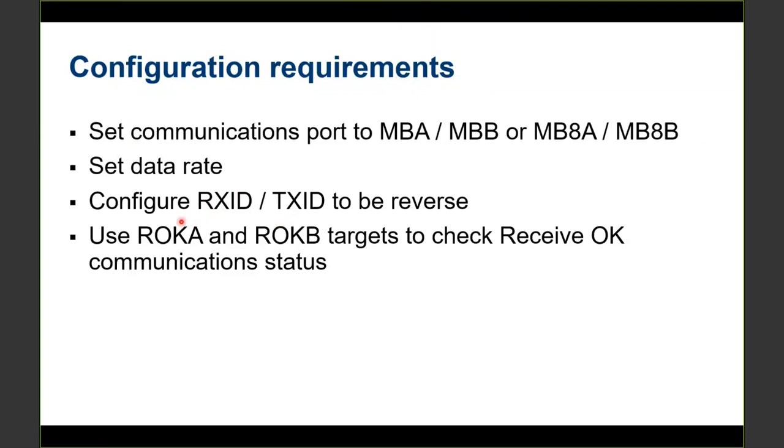After sending the settings to the relays and making the connections, you can use the word bit ROKA for channel A, and ROKB for channel B, to check if the communication is good or not.